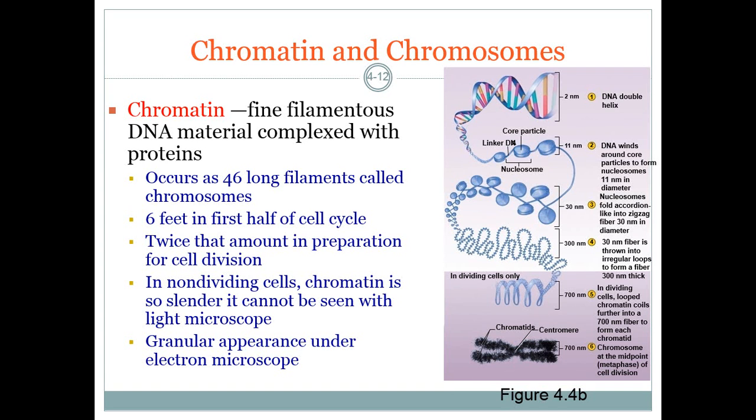Now, human chromatin consists of 46 long filaments called chromosomes. Alright, let's see again. So here are my chromatids, the 46 of these that make up my chromosomes.